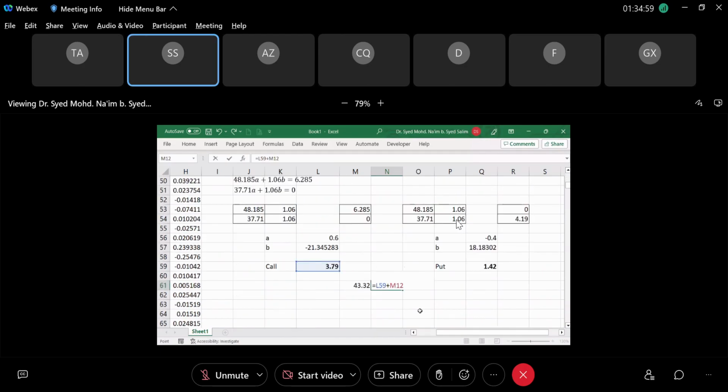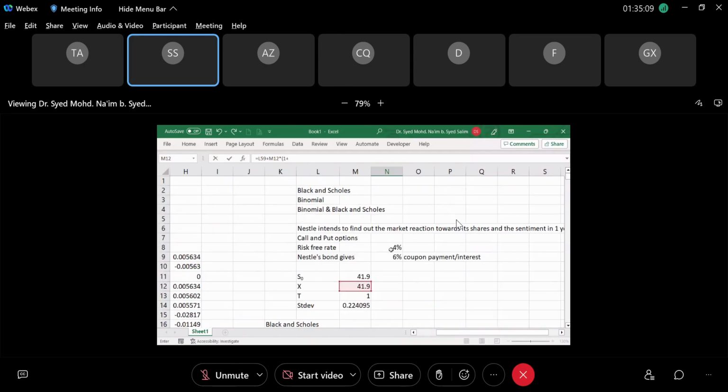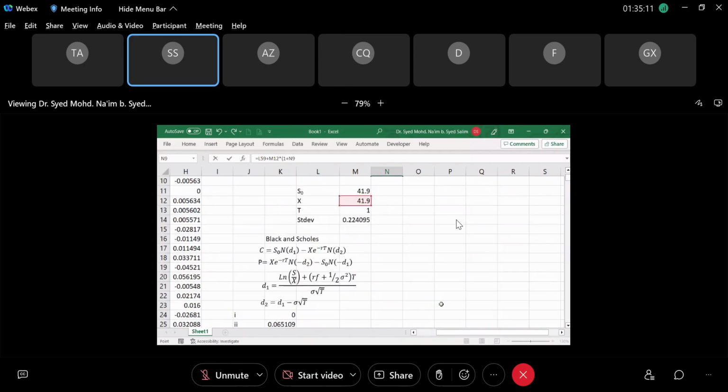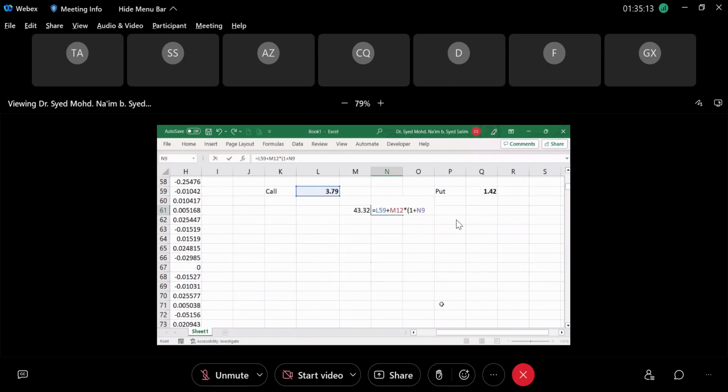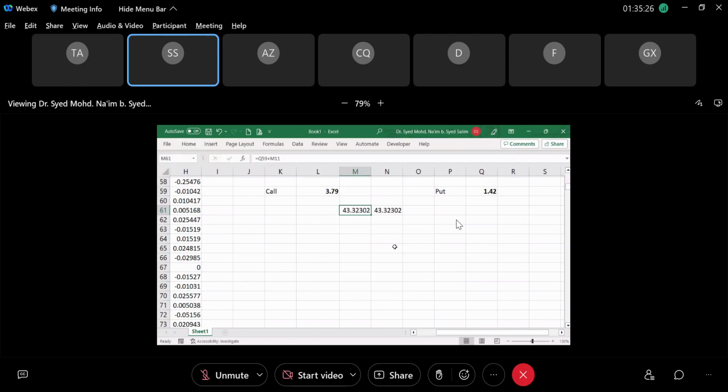This case is not assumed to be continuously compounded, so 1 plus the bond rate of 60%, to the power of -1. So let's check both of them, right? So we got that correctly computed.